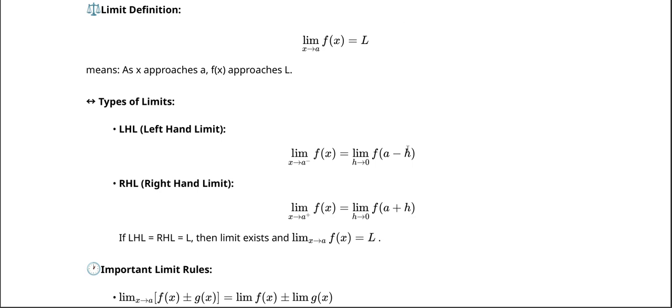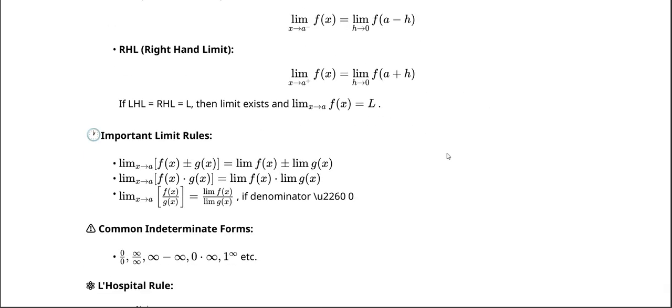Some important rules of limit are as follows. First is the summation or subtraction rule. If two functions f(x) and g(x) are operated by addition or subtraction, then when we apply the limit on these functions, we can write it as limit f(x) separately plus or minus limit g(x) separately.